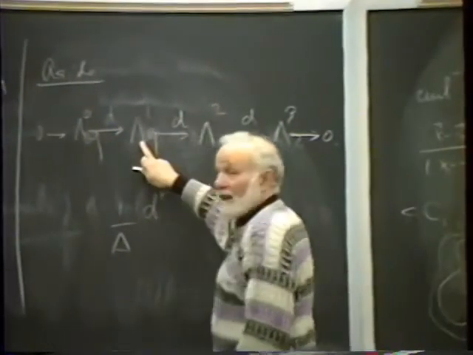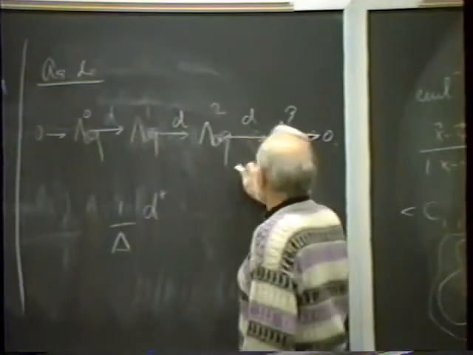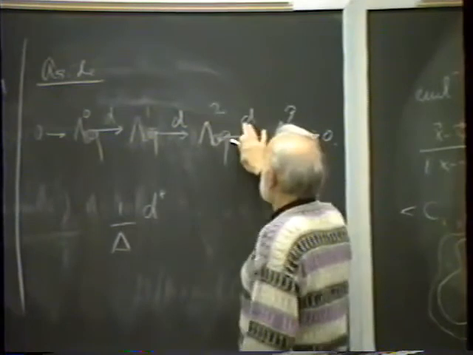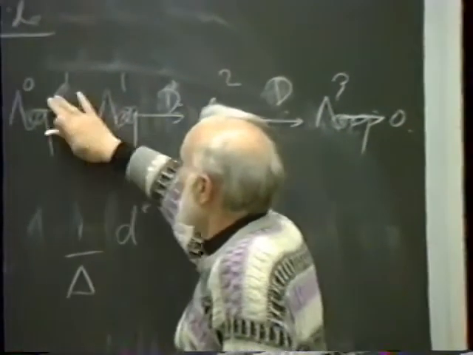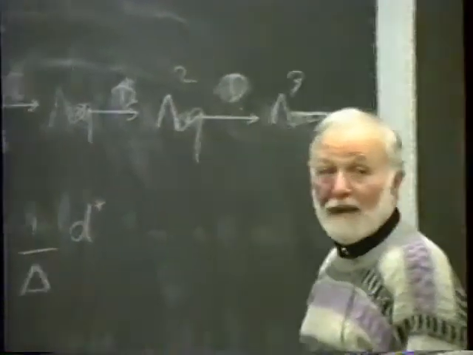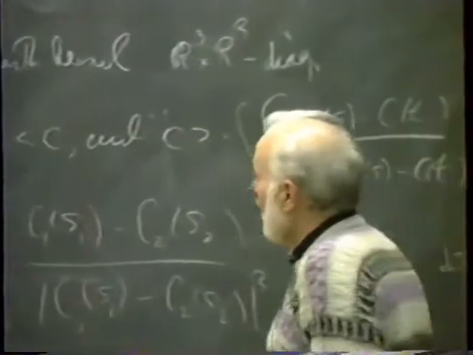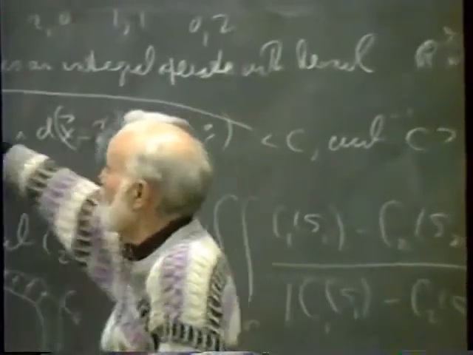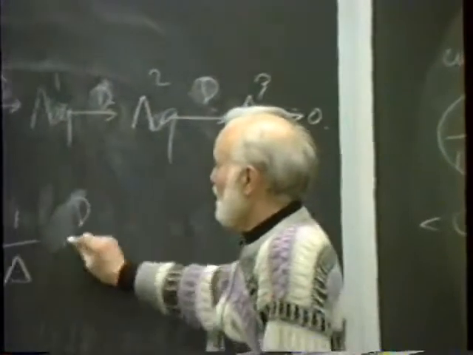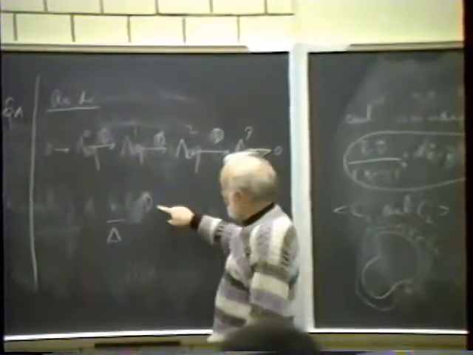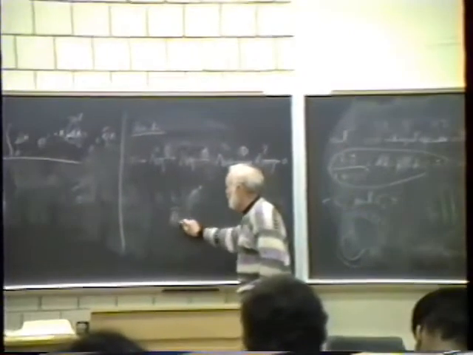Here are the connection 1 forms with values in the Lie algebra, and you replace d by the covariant differential, and you do the same thing. And then this gets replaced by the inverse, the propagator's the inverse, which is d star over the corresponding Laplacian.